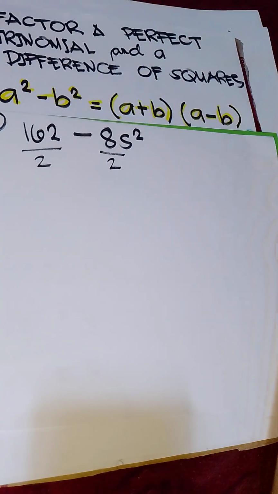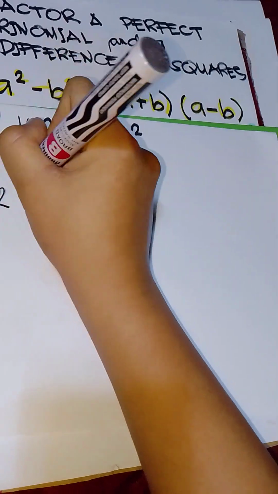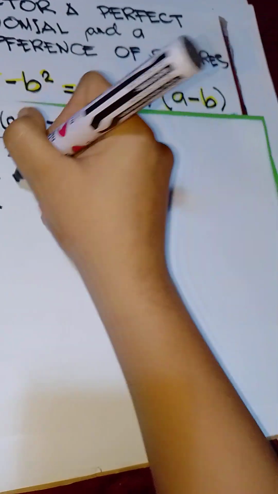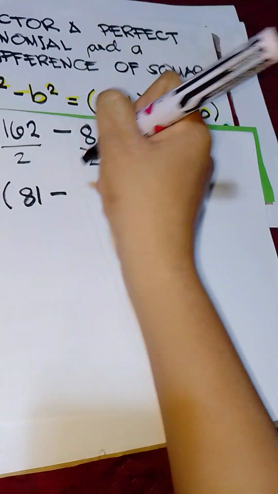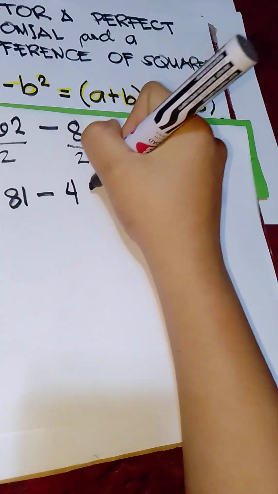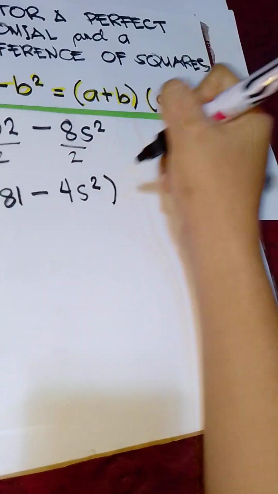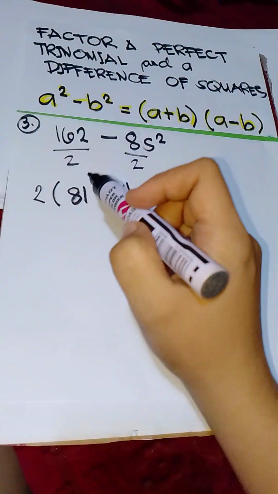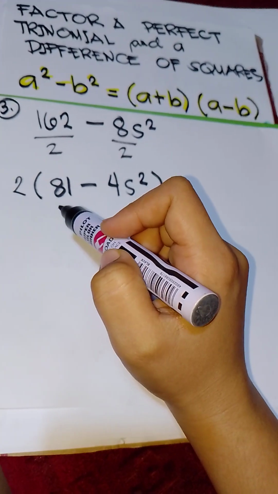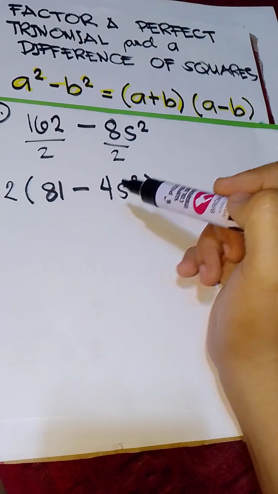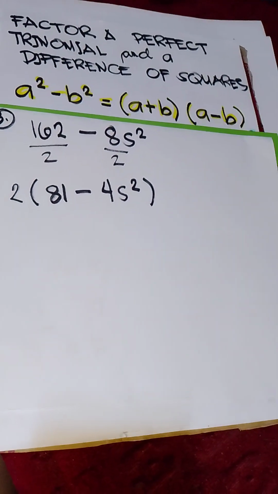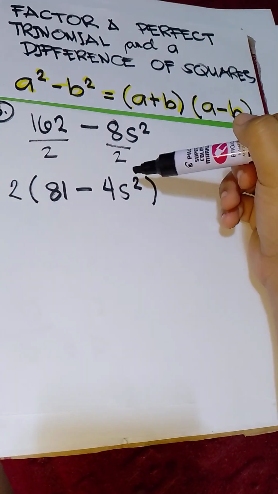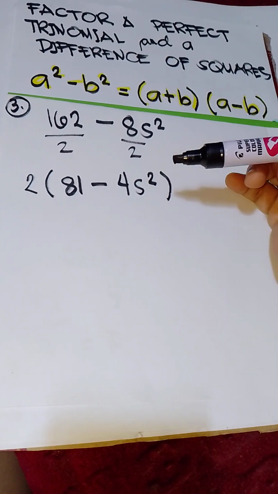The result is we have 81 minus 4s squared. Now, as you can observe, 81 is a perfect square of 9 and 4 is a perfect square of 2, and we also have s squared, which is already a perfect square.